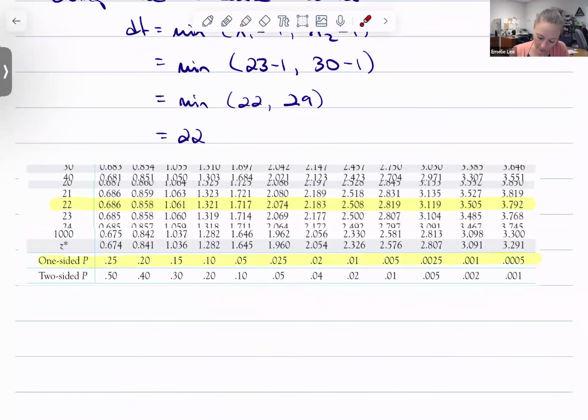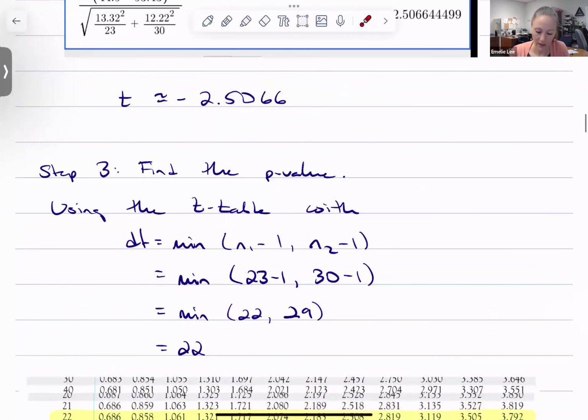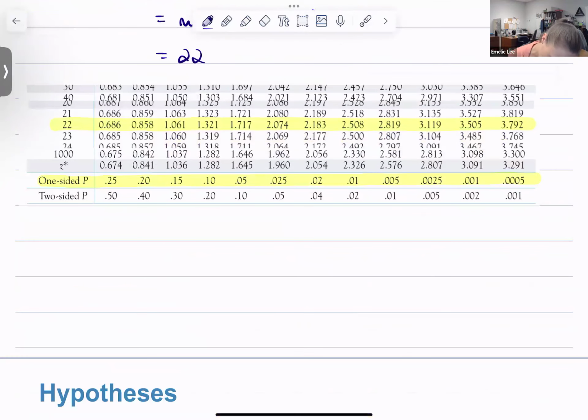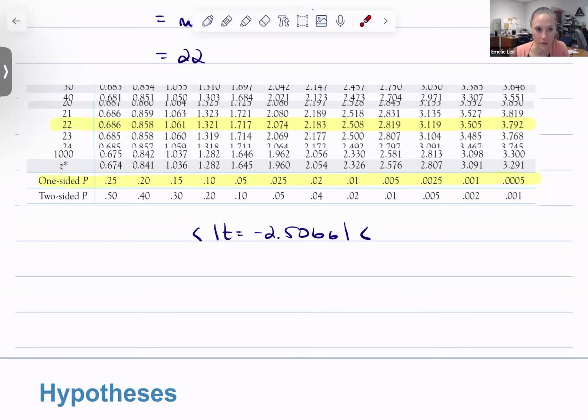And then I take the absolute value of t, and how I set this up on my page is I find the absolute value of t equal to negative 2.5066, which is between two values at 22 degrees of freedom.